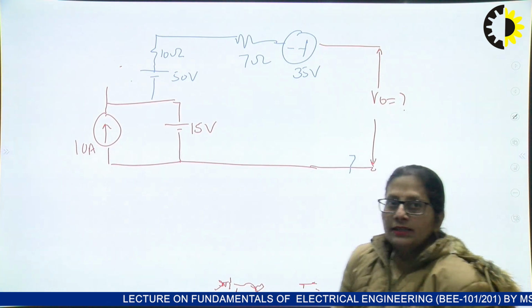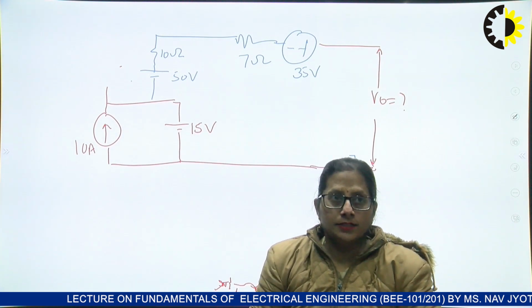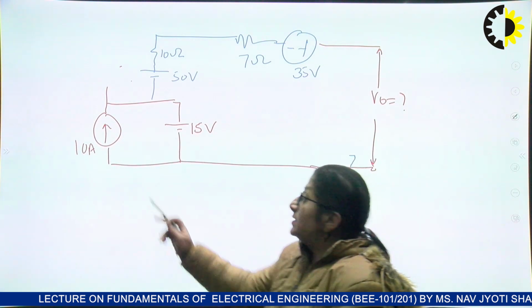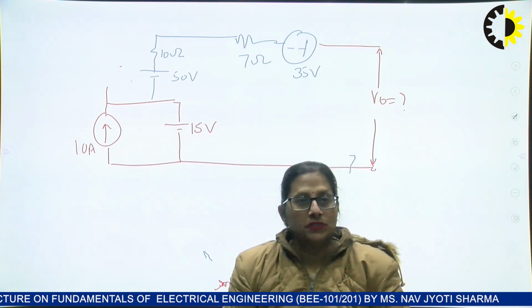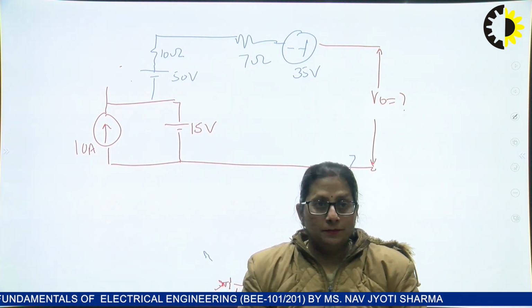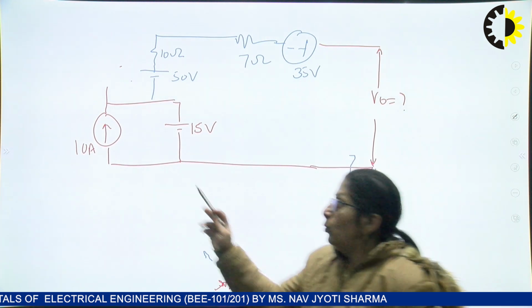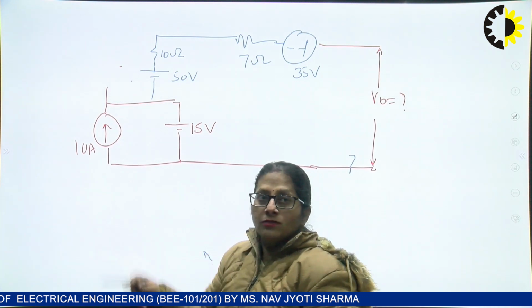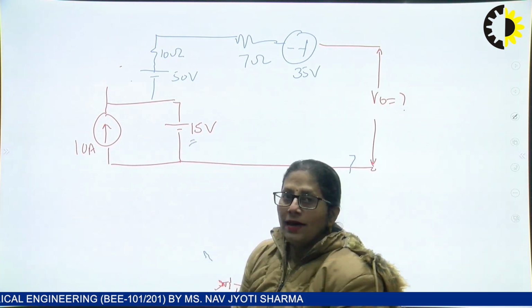I'm still facing a problem in resolving. It is still not a single circuit, right? I still have the 10 ampere source and 15 volts. Both the sources are present, right? And I want to apply KVL to get this output voltage. I know the voltage across this 10 amperes is just 15 volts, since it's in parallel.